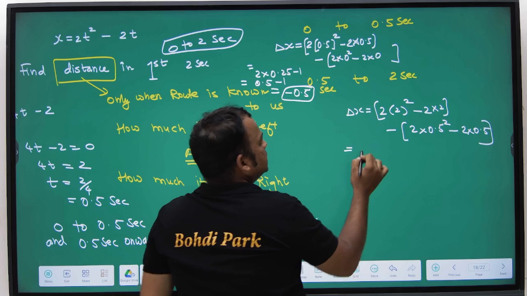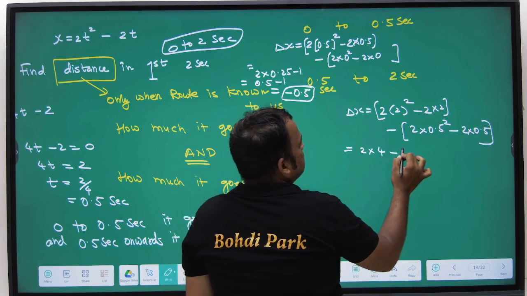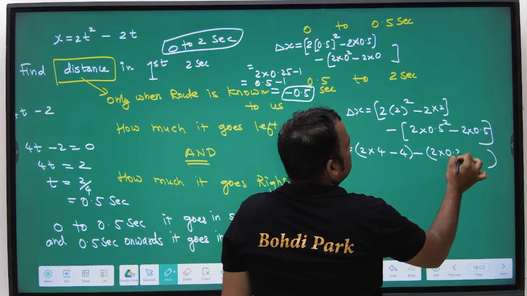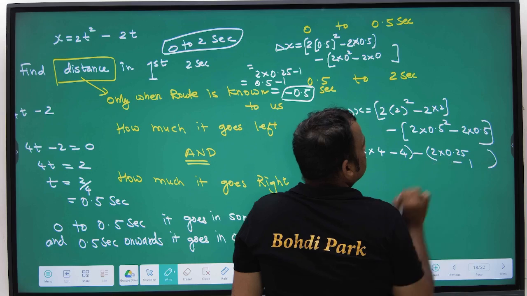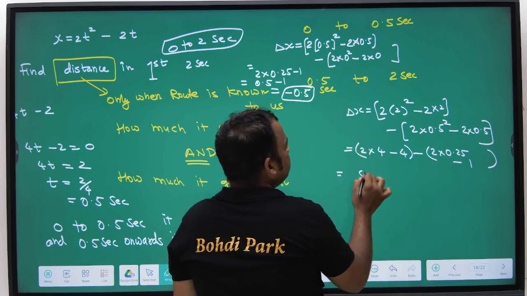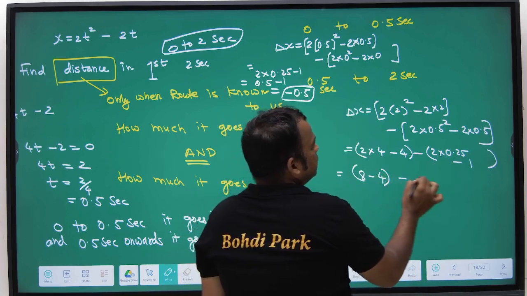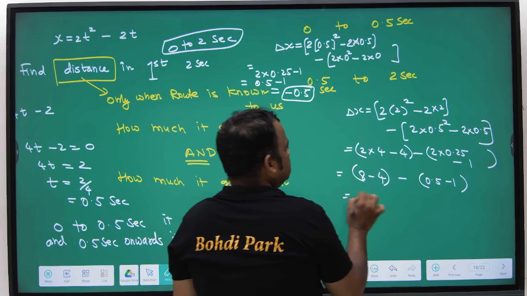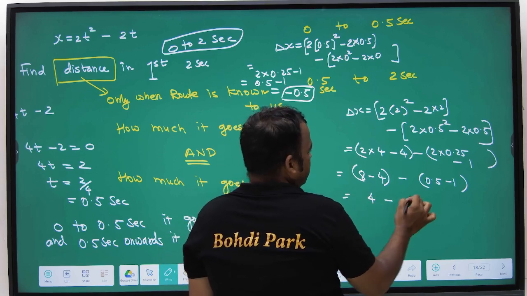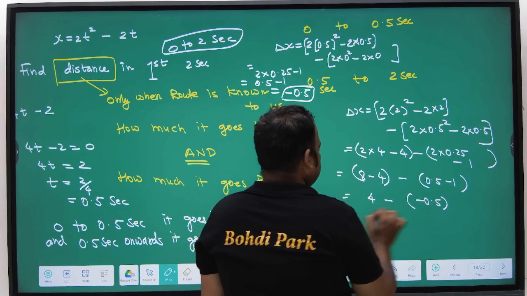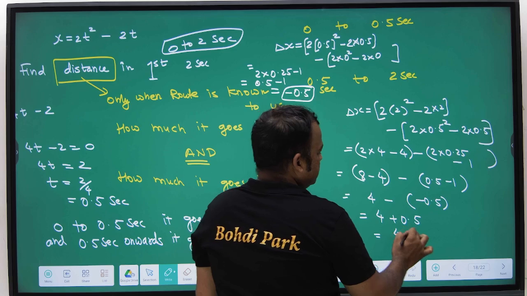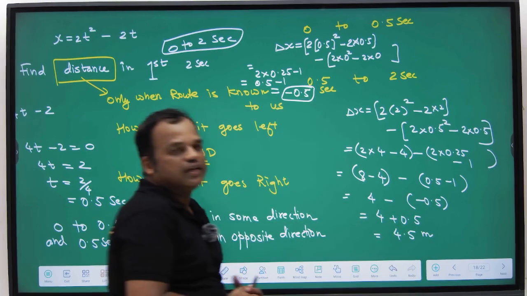So 2 into 4 minus 4, minus 2 into 0.25 minus 1. So 8 minus 4 minus, 0.5 minus 1. So 4 minus 0.5 minus 1 gives 4 plus 0.5, which is equal to 4.5 meter.